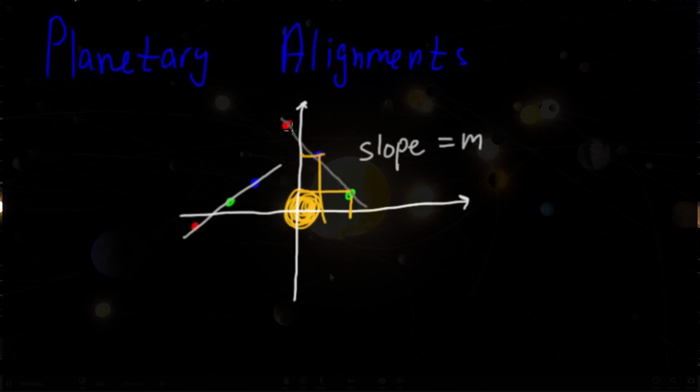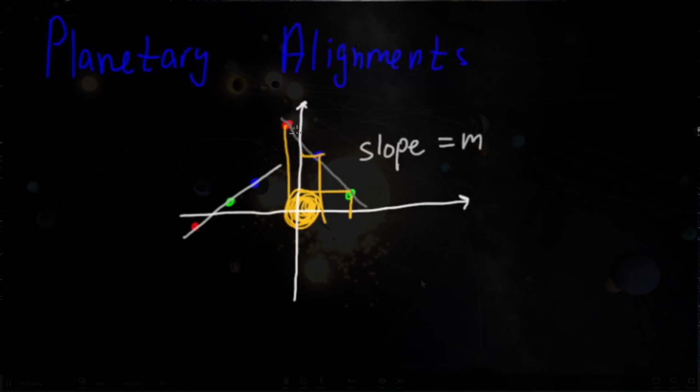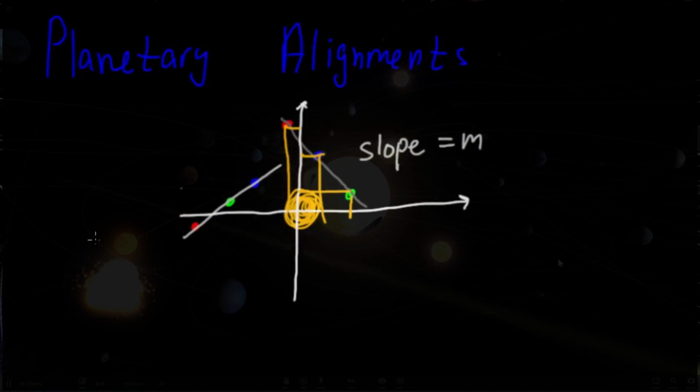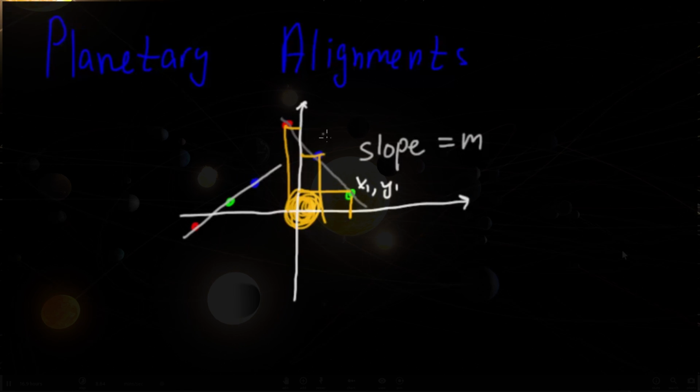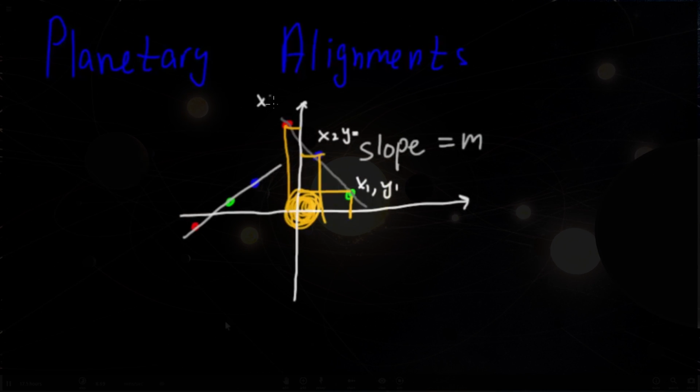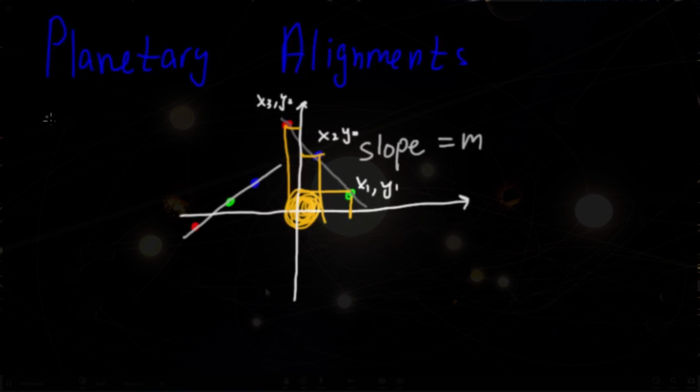So for example, for these 3 points we can calculate 3 of the slopes. Let's just say this is point x1, y1, this is point x2, y2, and this is point x3, y3. So we can summarize it as this.